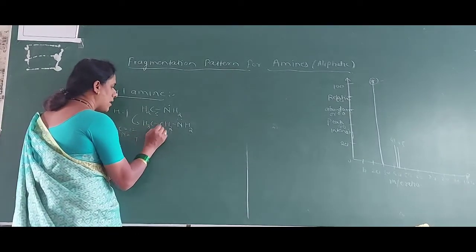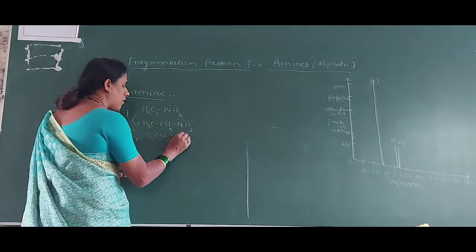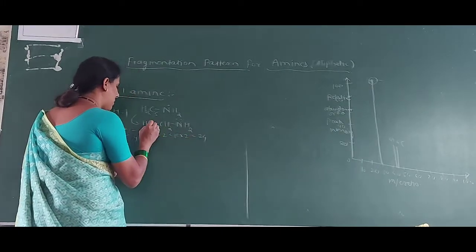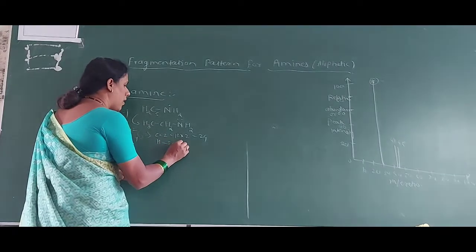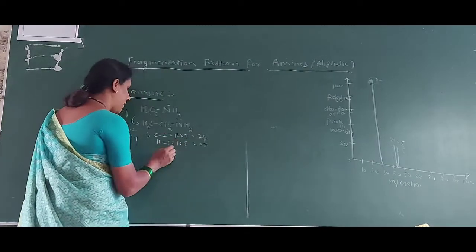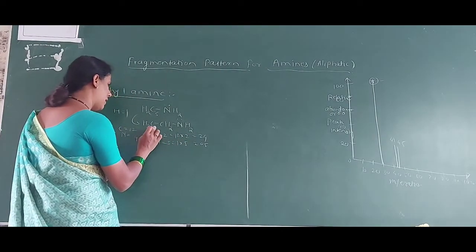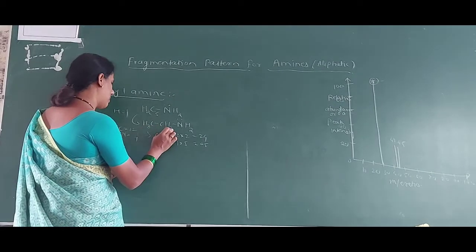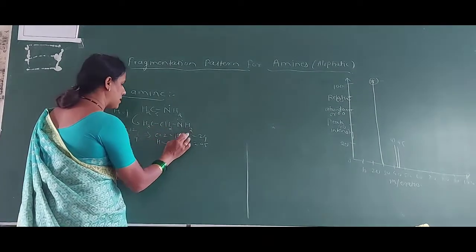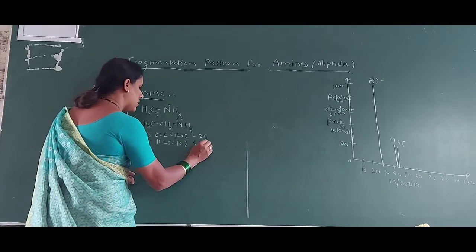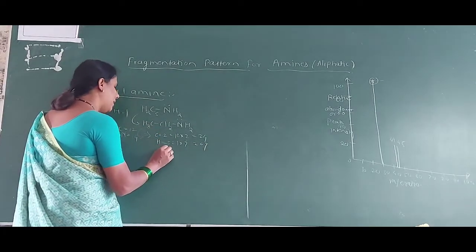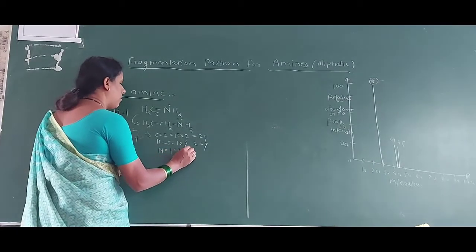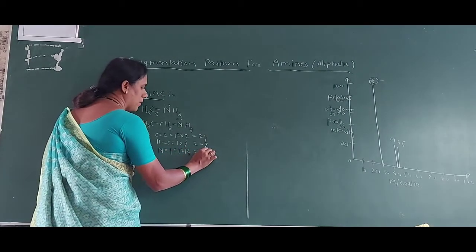The number of carbon atoms is 2, so 12 into 2 is equal to 24. Hydrogens: 5 hydrogens plus 2, so 7, and 1 into 7 is 7. N is equal to 1, so 14.